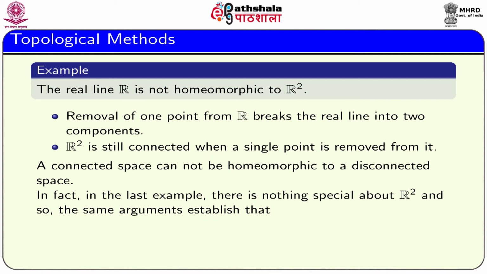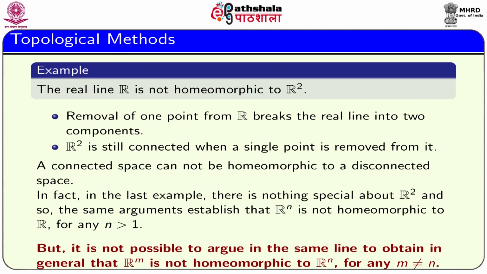In fact, in this last example, there is nothing special about R2, and so the same arguments establish that Rn for any n greater than 1 cannot be homeomorphic to the real line R. But it is not possible to argue along the same lines to obtain in general that Rm is not homeomorphic to Rn for any m not equal to n.